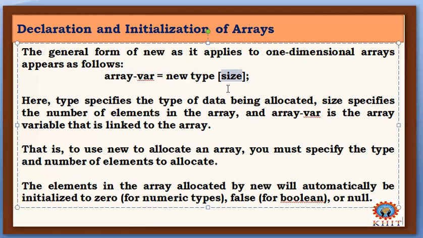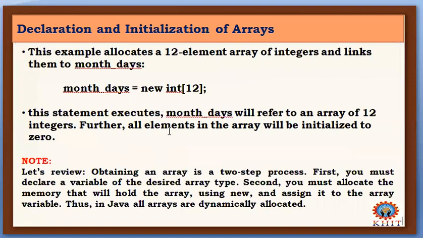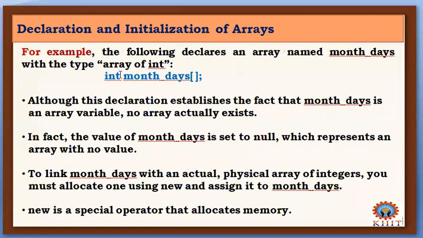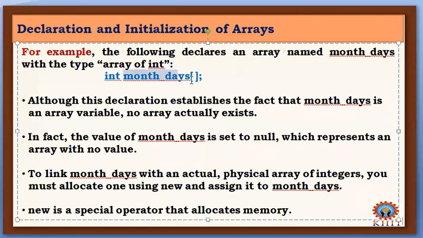Okay, if you want to store some values, then we can allocate that in a particular index. See here, the example we took earlier: int month_days, this is the array declaration.